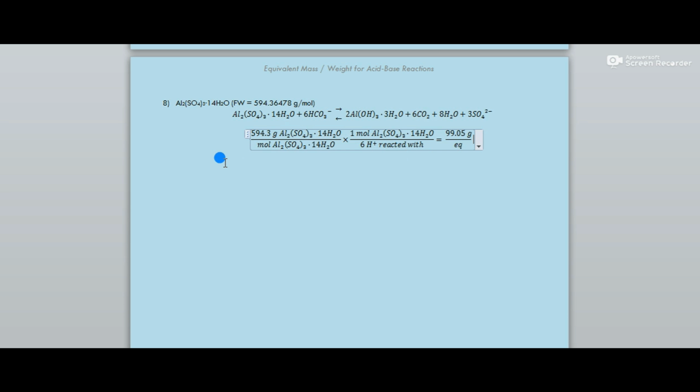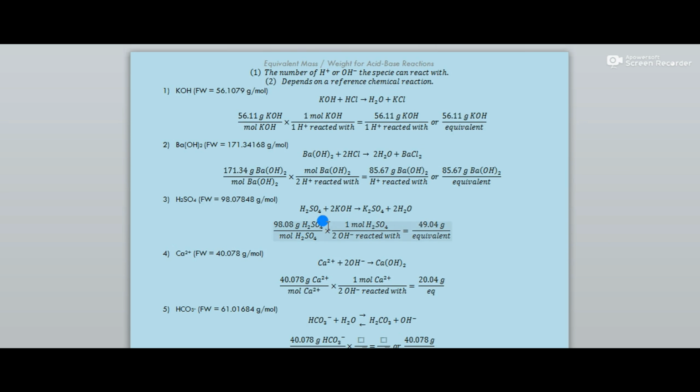This is how you get the equivalent mass or equivalent weight of substances, salts, acids, bases, and ions, using acid-base reactions as the reference chemical reaction. So always refer to neutralization reactions when getting the equivalent mass or equivalent weight for acid-base salts, salts of strong bases, and salts of strong acids. There you go. I hope you learned something in this video.